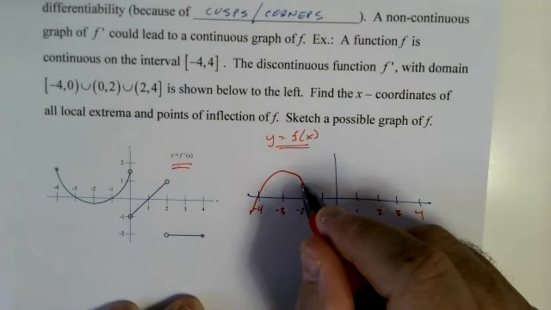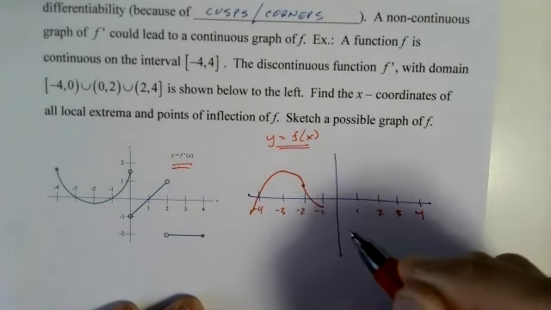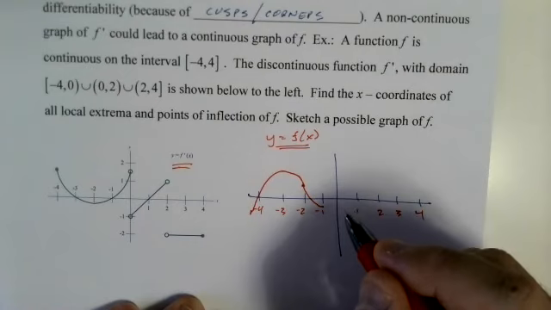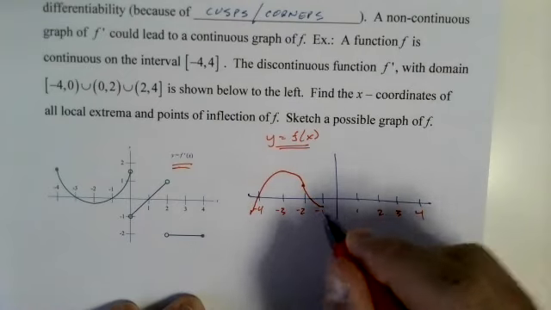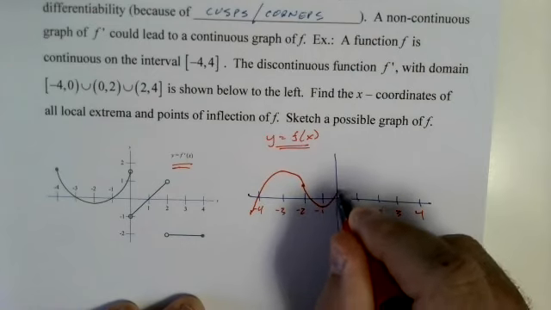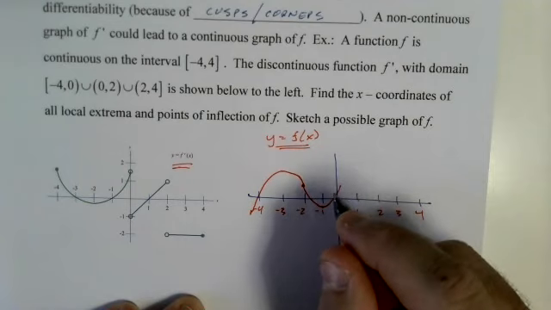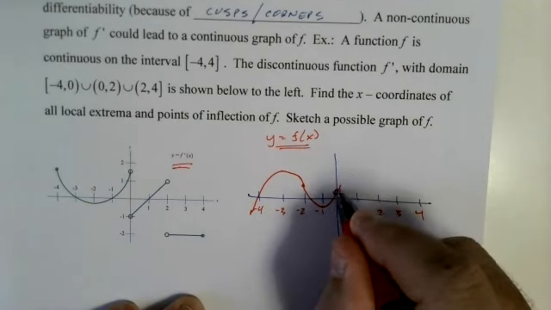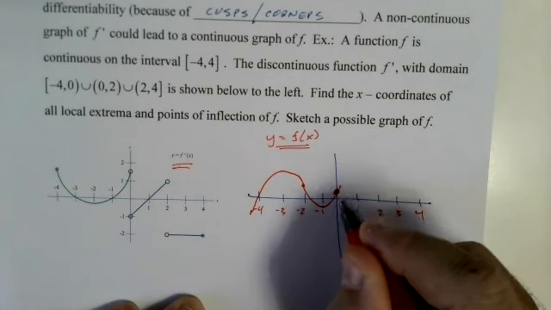I don't care. I don't have anywhere to work off of. Min right there. Okay. Slope is positive until it gets up to here. And then bang, we hit a cusp and it goes negative. It jumps. So ignore this little tail end here.